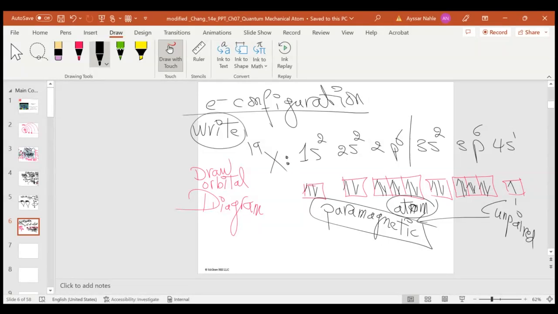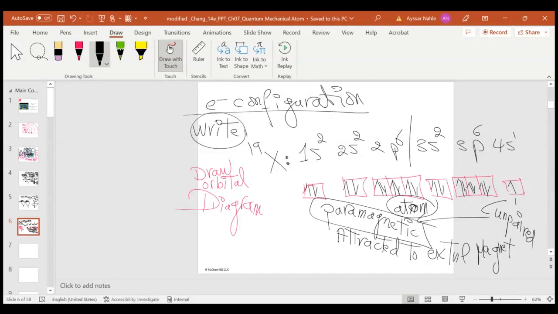So I would say in here, this atom will be attracted to an external magnet.